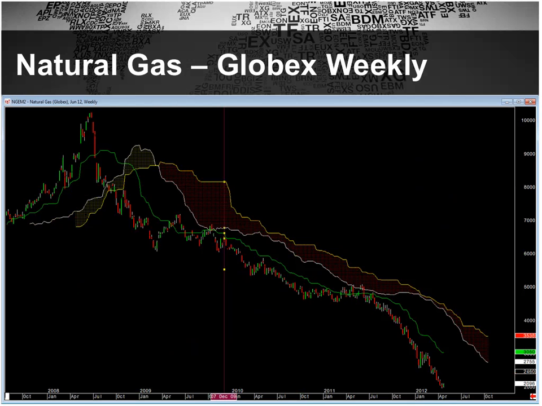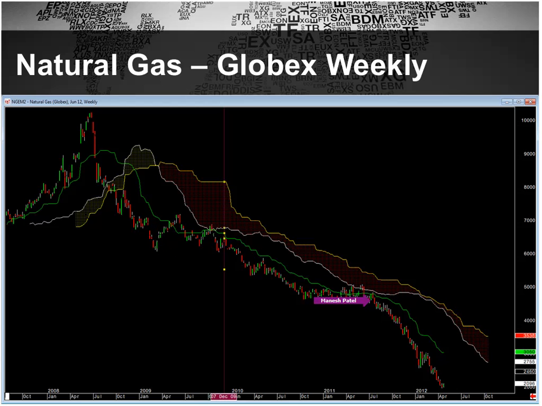Okay. This is my favorite one. This is one that we actually were in for a very long time. Look at natural gas when it came out of the cloud. It was going down, down, down, then it consolidated. There was another opportunity here to get in. So the first opportunity was here. Second opportunity was here. And then notice it came down, down, down. You would get out here, it consolidated.